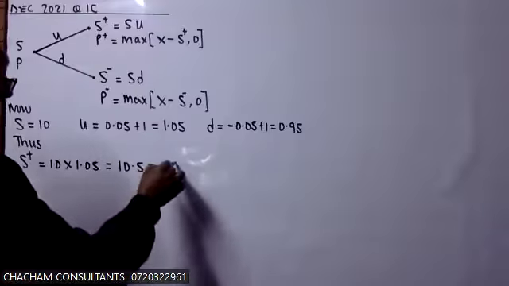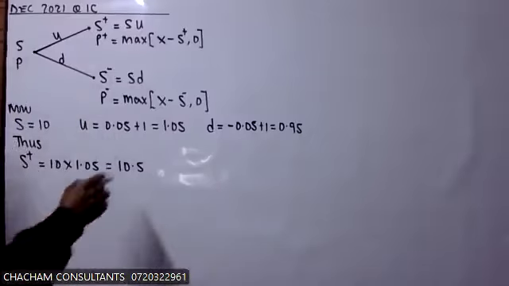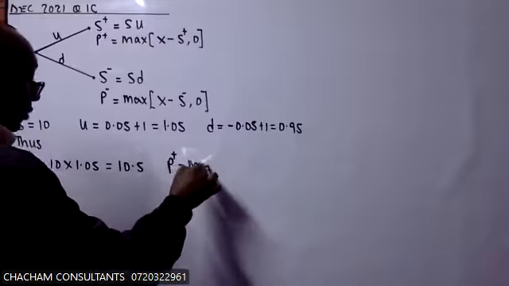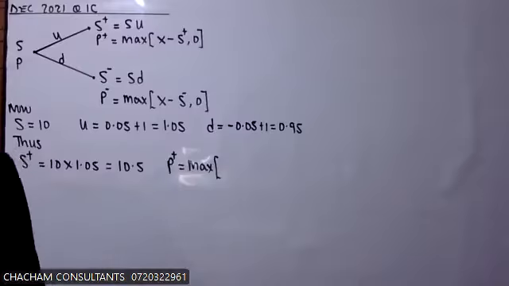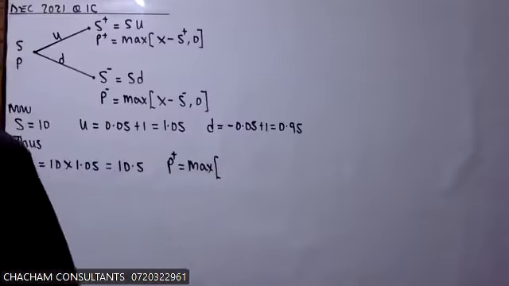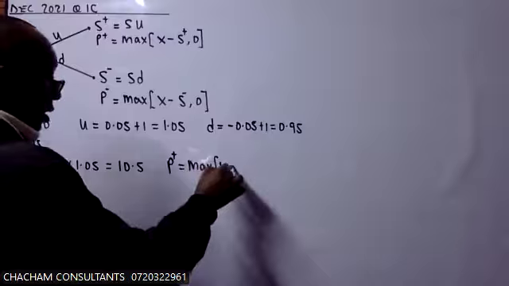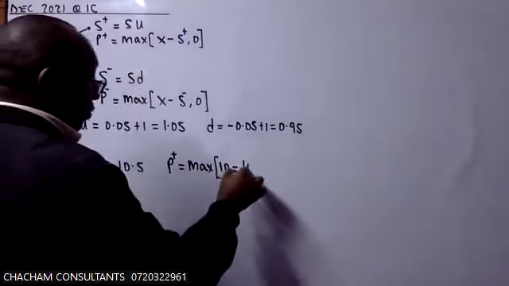Let me compute them as they follow. So my P plus is the max of the exercise price, which is the strike rate there, 10, minus the price of the underlying, 10.5.